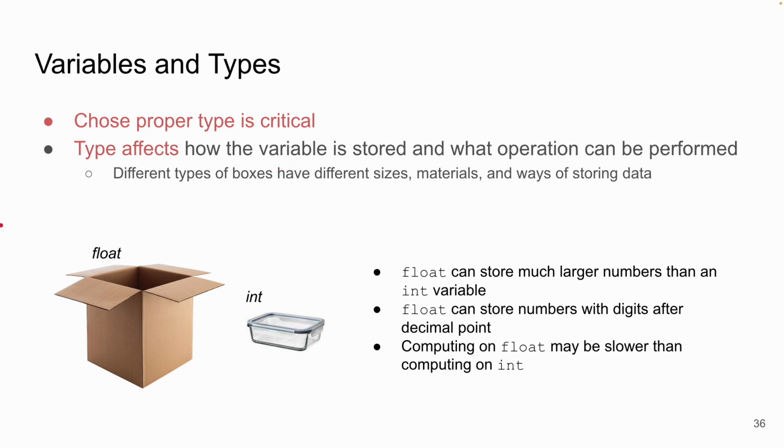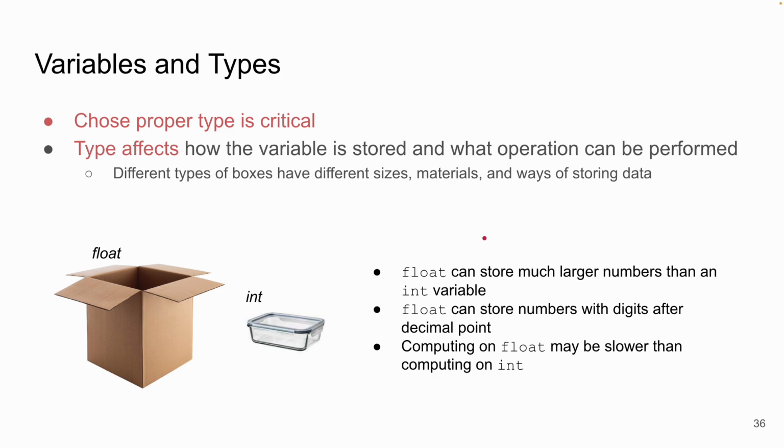You can think about it like this: different types of boxes have different sizes. We have the int box and the float box, and these two boxes have different sizes and are made of different materials.